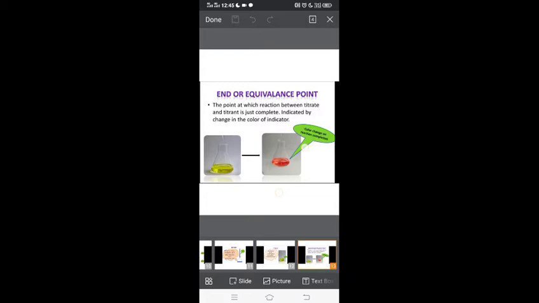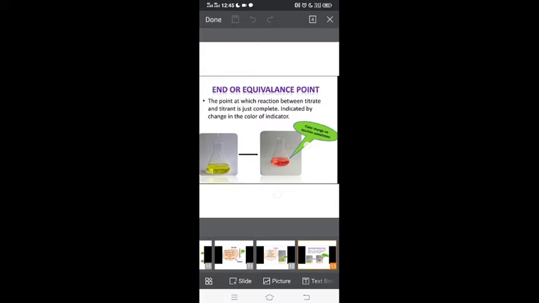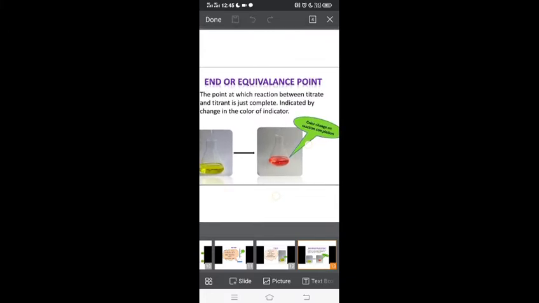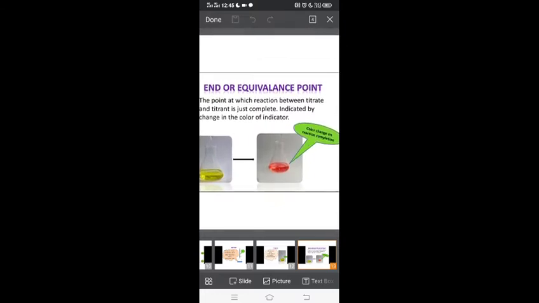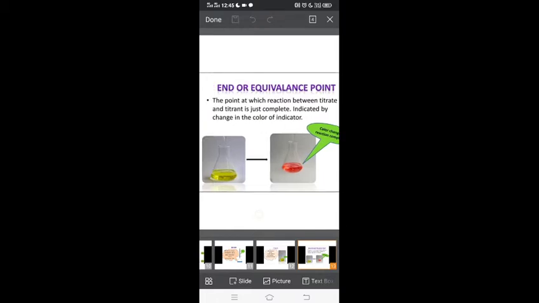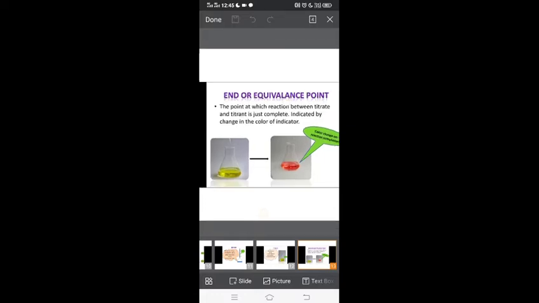Initially it was yellow, now it is reddish. So here the end point is the point which tells you that the reaction between the titrant and the titrate is just complete. This end point will be shown to you only with the help of an indicator. We require an indicator.